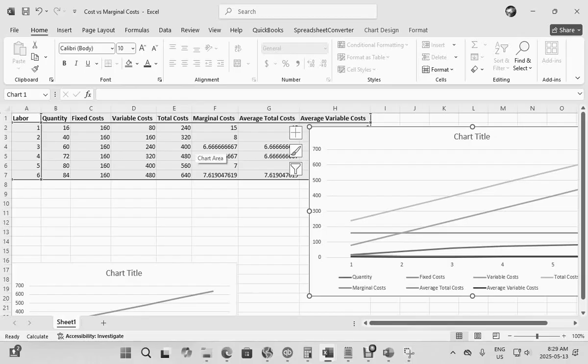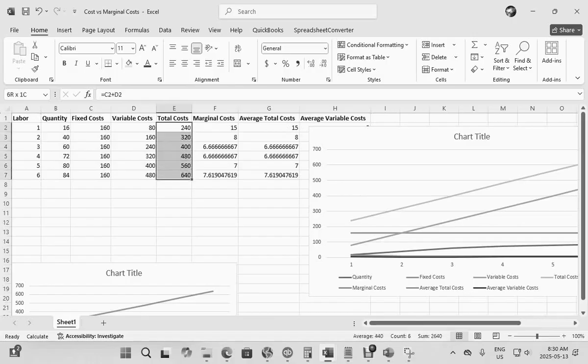So it is the change in cost divided by the change in quantity. When it comes to the change in cost, we're talking about the change in total cost. So this is your total cost.